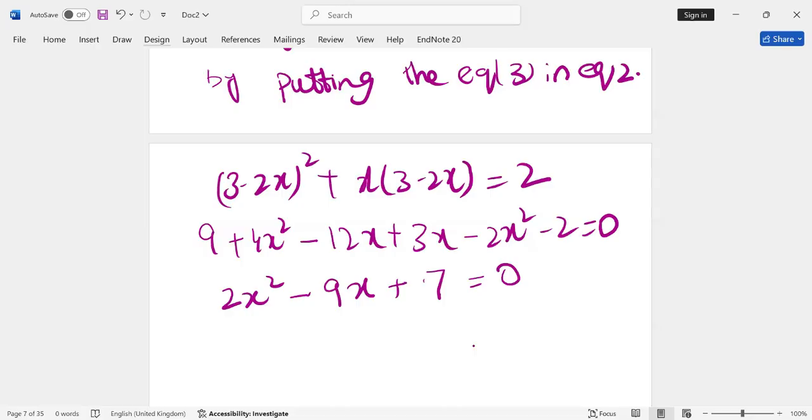We have to solve this quadratic equation, either by the quadratic formula or by factorization. I'm going to solve it by factorization.